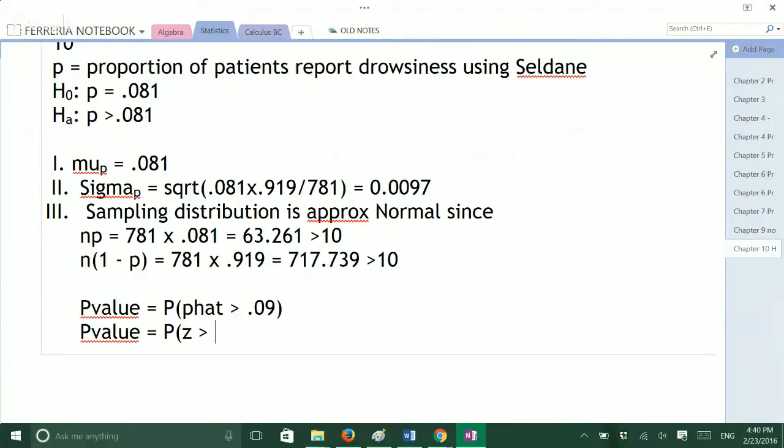So that's 0.09 minus 0.081, divided by 0.0097.